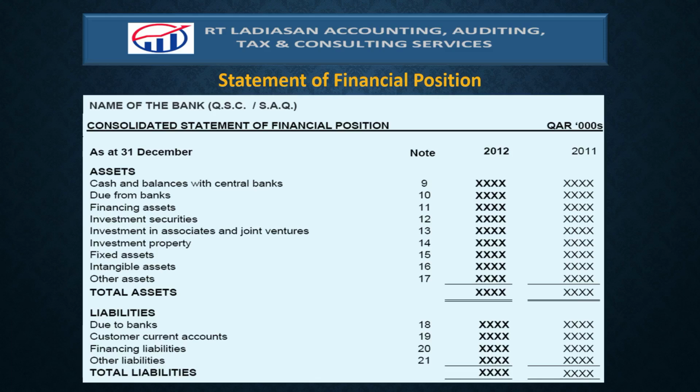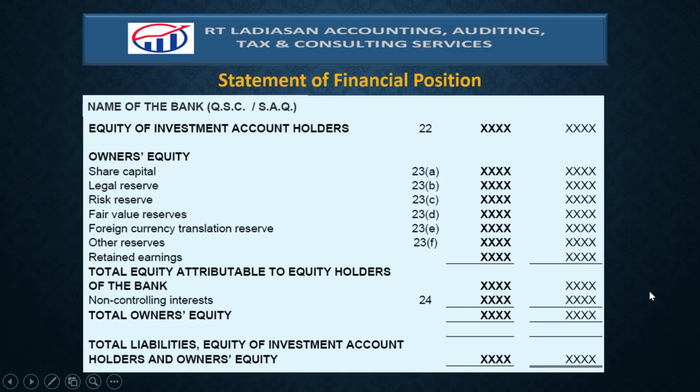So these are the items which must be disclosed or presented insofar as conformity with the Accounting and Auditing Organization for Islamic Financial Institutions is concerned. So in this first format, assets are first presented, then the liabilities. Then we have the equity of investment account holders.